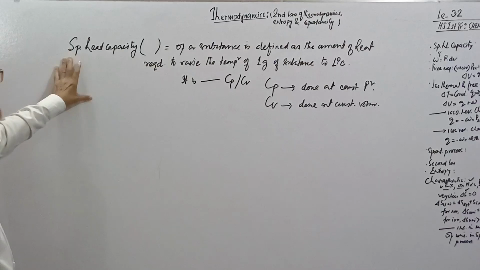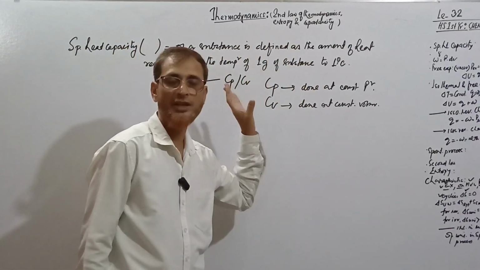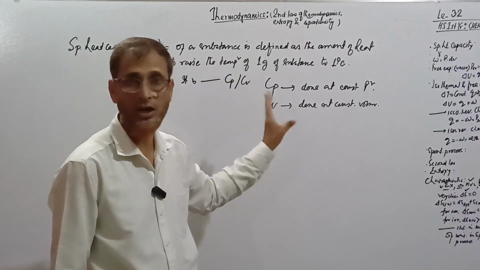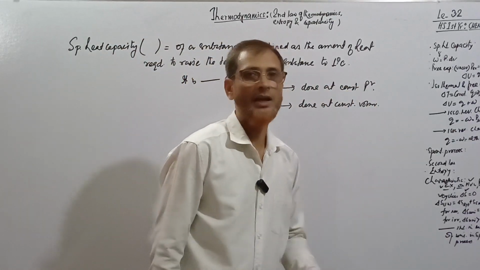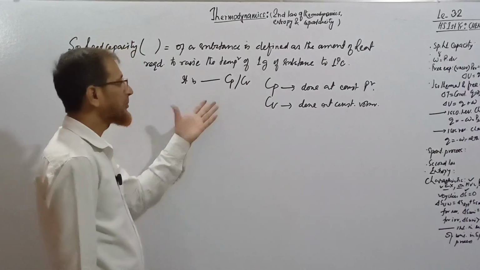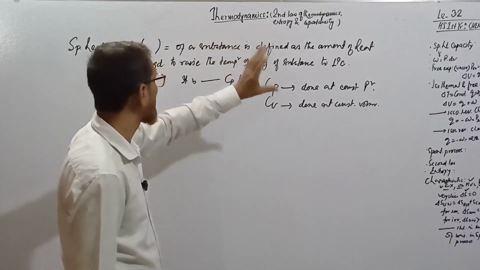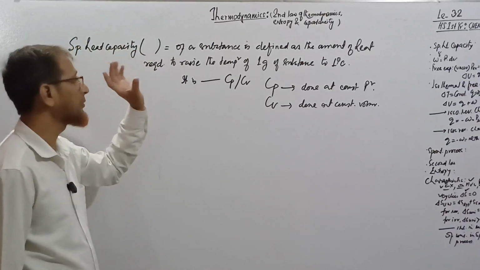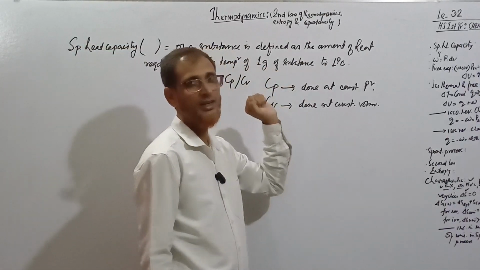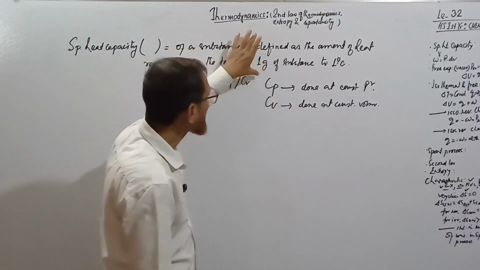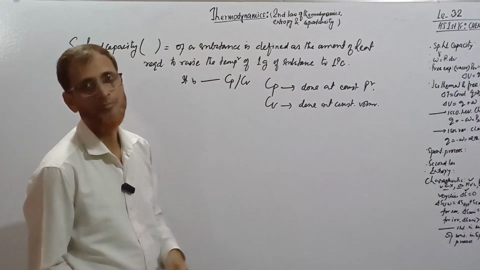The specific heat capacity of a substance is defined as the amount of heat required to raise the temperature of 1 gram of substance by 1 degree centigrade. It is designated by either Cp or Cv. When the process is done at constant pressure, it is called Cp. When it is done at constant volume, it is called Cv.